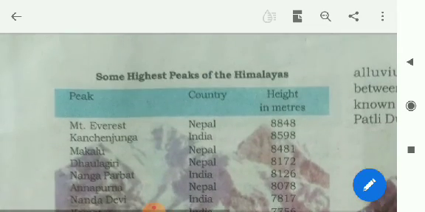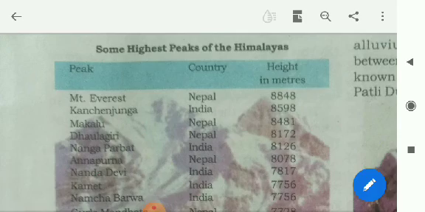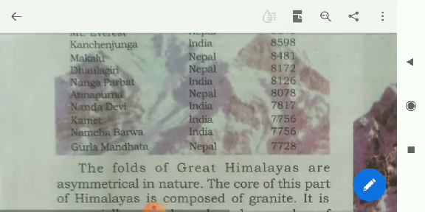Namcha Barwa, 7,756. Gurla Mandhata, Nepal, 7,728. Now let's see, these are some peaks of the Himalayas located in India and Nepal.